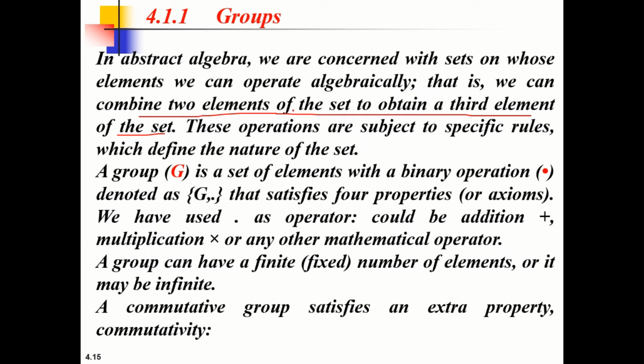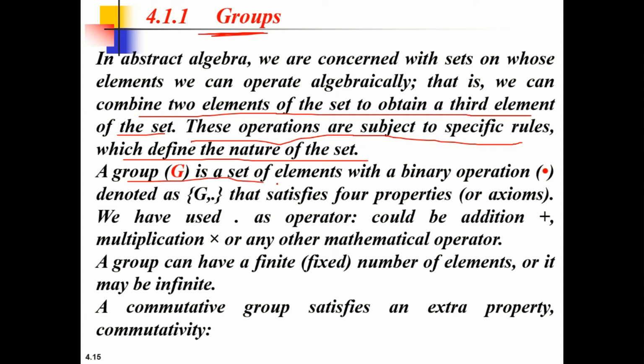These operations are subject to specific rules, and these rules will define the nature of the set. On the basis of these rules, we'll decide whether the given set is a group, a ring, or a field. First of all, we'll be covering the set which can be a group.